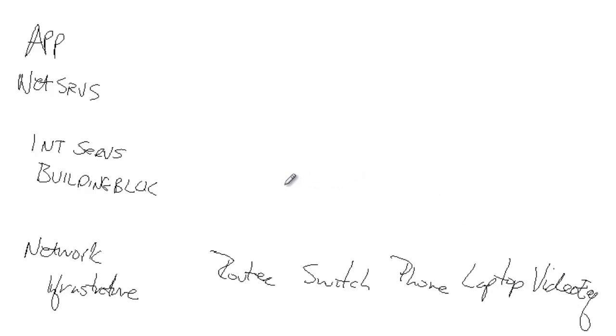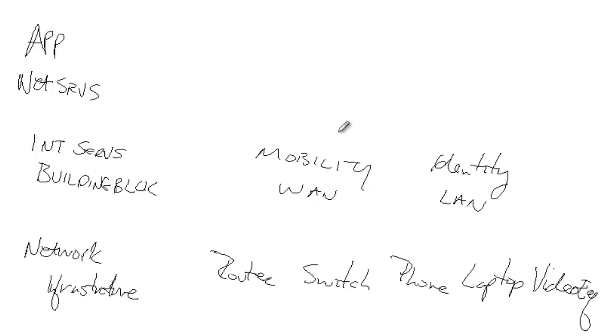But this network infrastructure layer obviously has to work with the integrated services layer, or these building blocks. So this is the wide area network, the LAN, mobility. These are infrastructure services themselves. And also we think of identity and security services as services of the network, which the infrastructure layer supports.